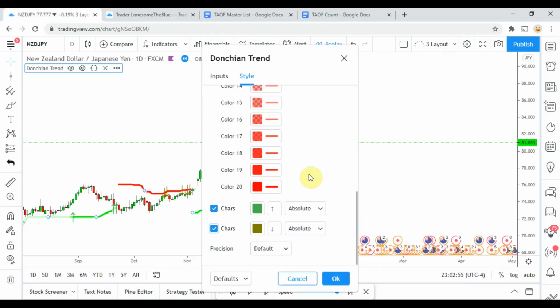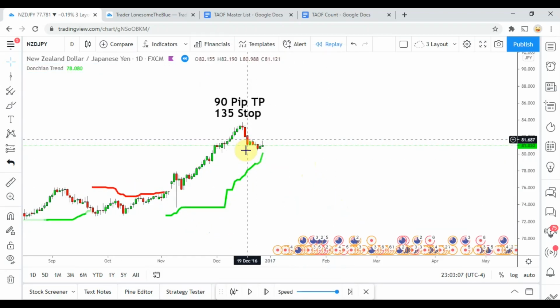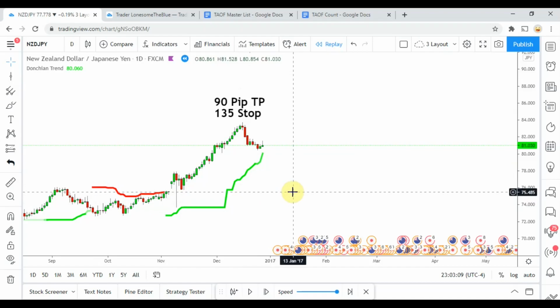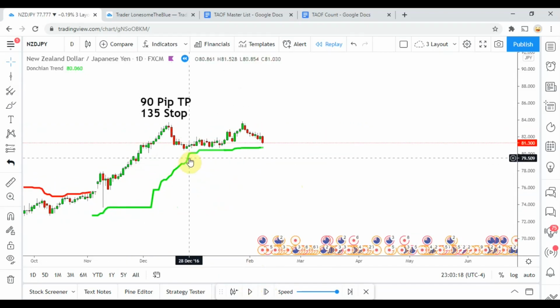All right, so here we are back on the chart, and we have the settings of the Donchian trend indicator. Like I said, I'm going to turn off these arrows with that simple selection right there. We are back at the beginning of the year, and so let's start testing it with just using the trend lines themselves.